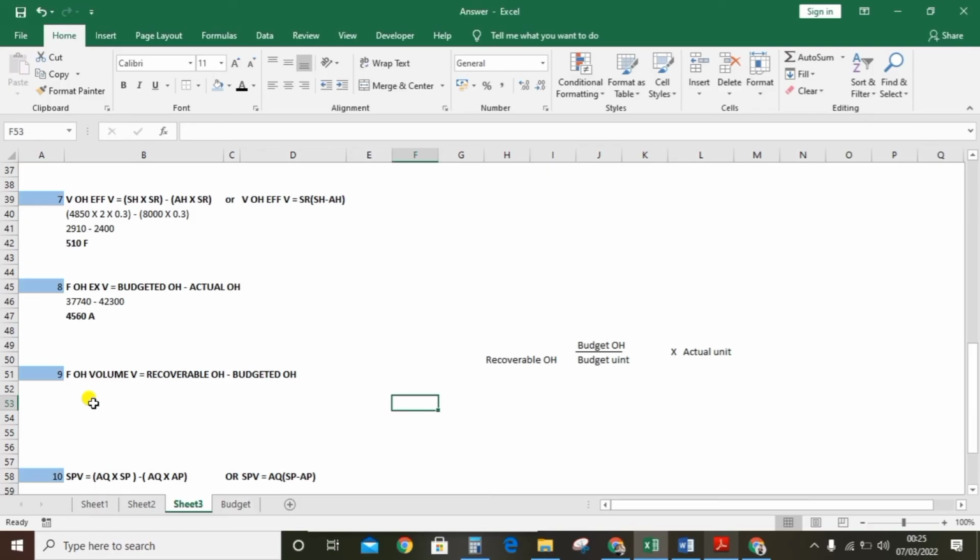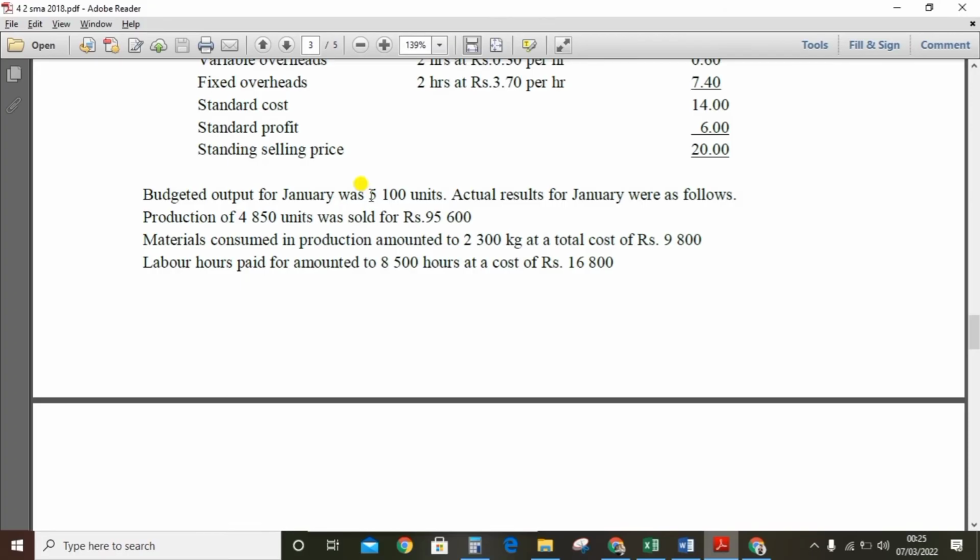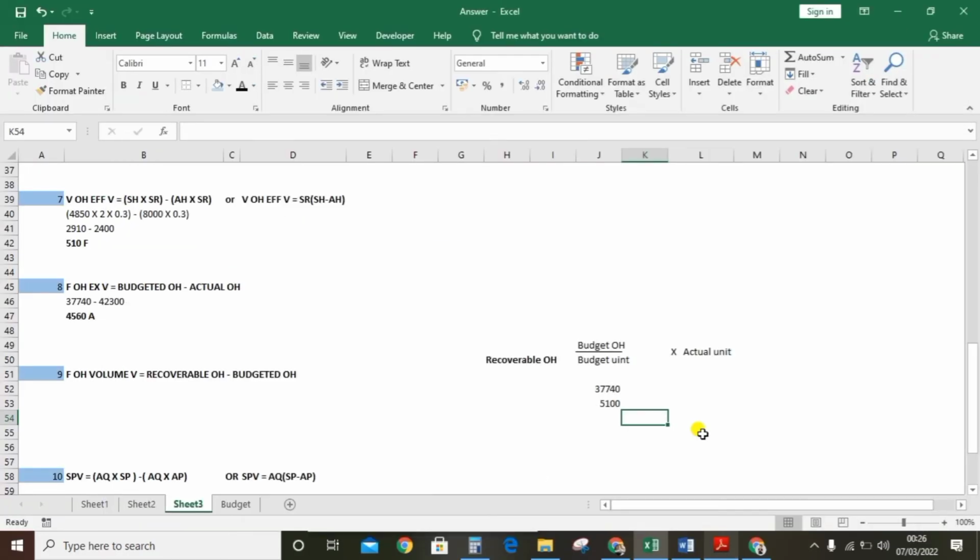Next variance, fixed overhead volume variance. The equation is recoverable overhead minus budgeted overhead. So we need to calculate the recoverable overhead. The equation is budgeted overhead divided by budgeted unit into actual unit. Budgeted overhead 37,740 divided by 5,100, the budgeted unit, into actual unit 4,850.